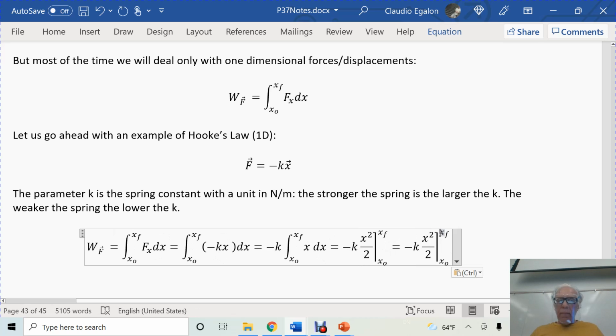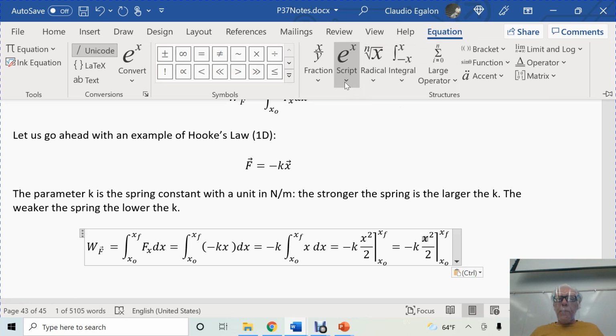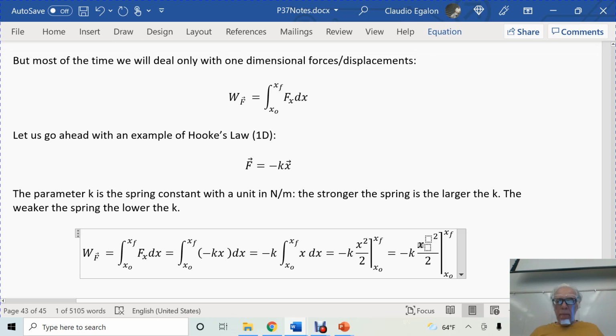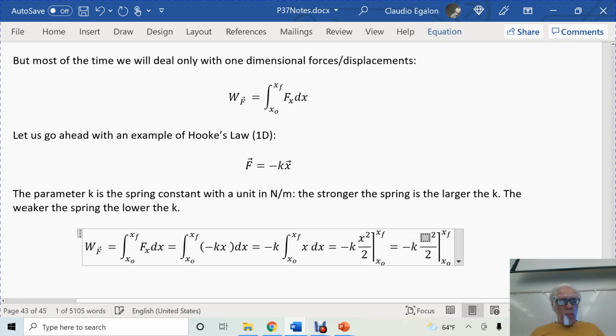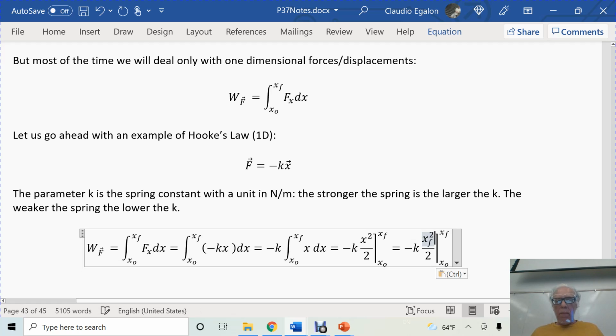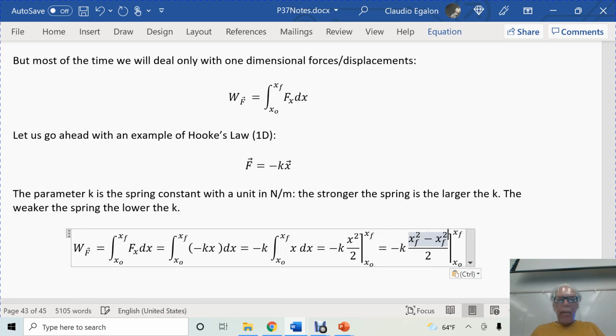And then what we have is xf squared minus x naught squared.